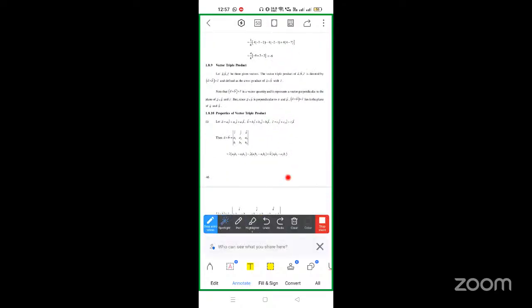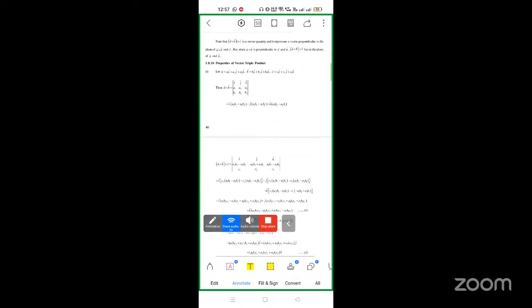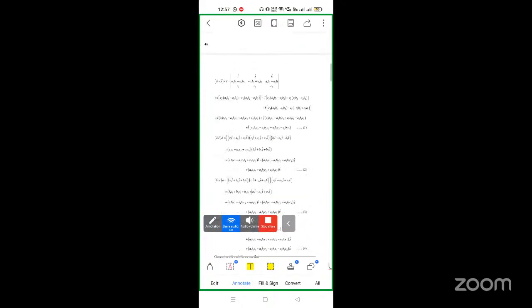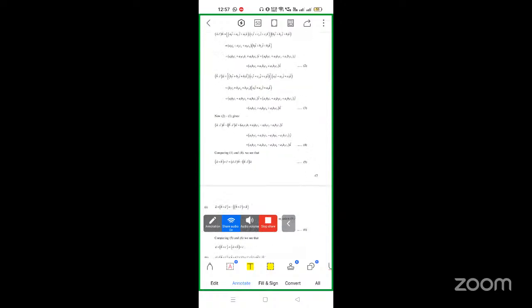Properties of the triple product. Let A, B, C be three vectors. A cross B cross C is equal to (A dot C) into B minus (B dot C) into A. So this is the final result.